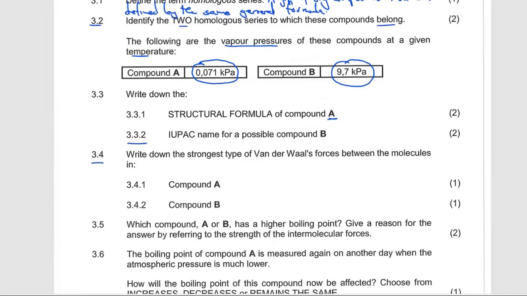Now moving on to 3.4, it says write down the strongest type of van der Waals forces between the molecules in compound A. So compound A, remember, is our carboxylic acid. So in terms of the van der Waals forces, we should take note there.